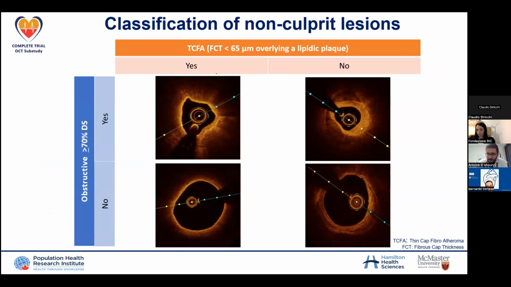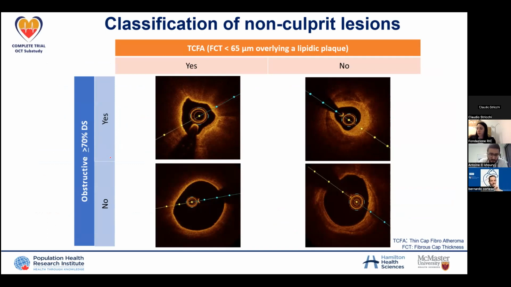As you can see in this graphic, they divided patients into 4 groups. We have patients with a thin cap fibroatheroma, less than 65, and as you can see here, the yellow part of the intimal thickness is a high-risk plaque, and here we have a plaque that doesn't have a thin cap fibroatheroma. So here it's a more stable plaque.